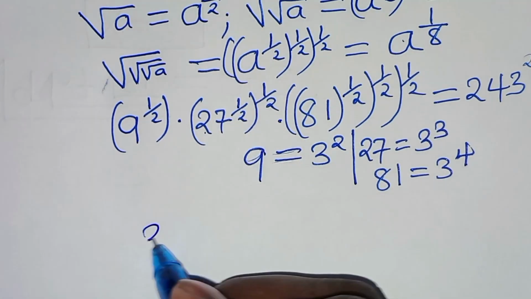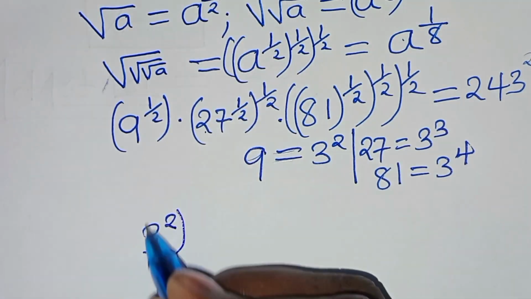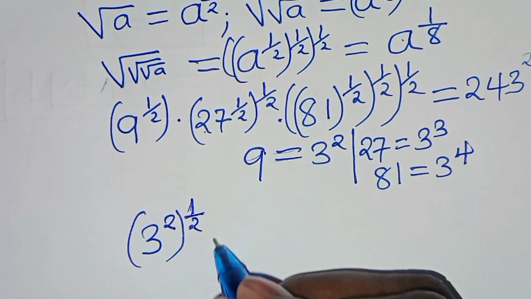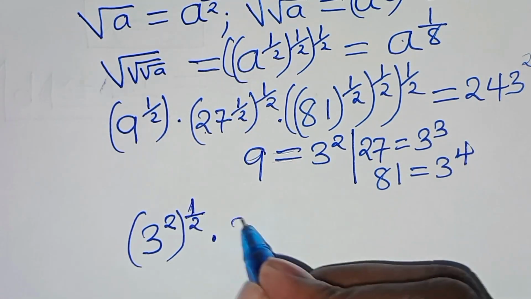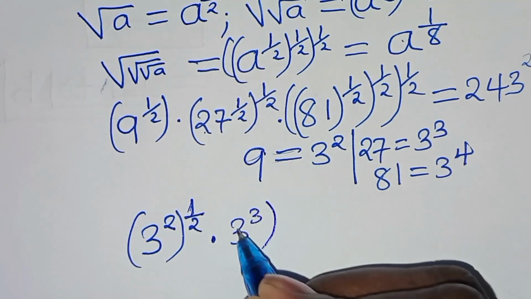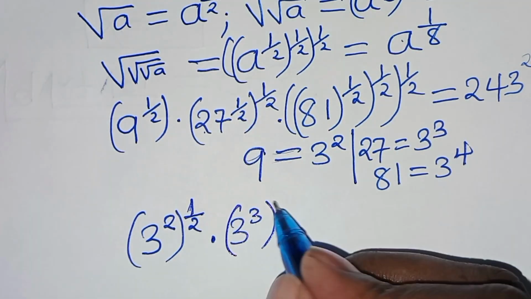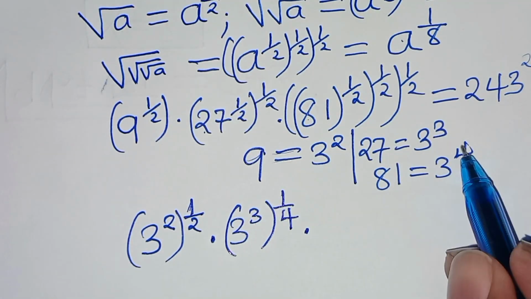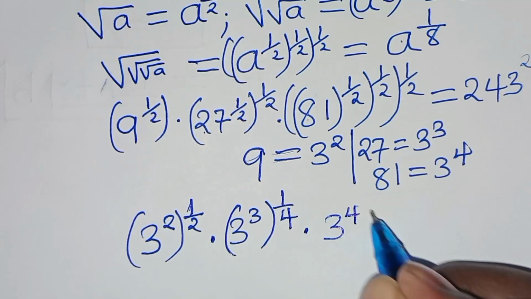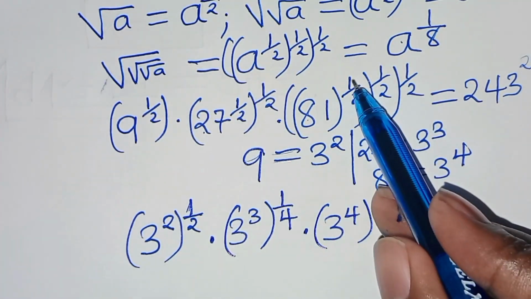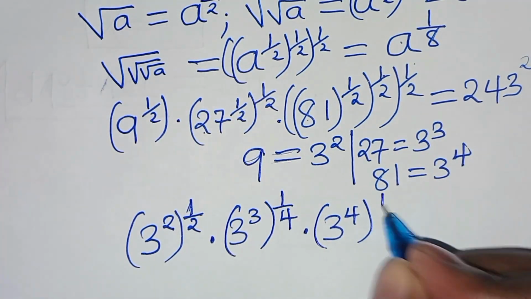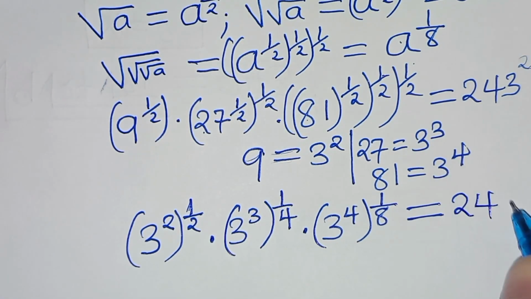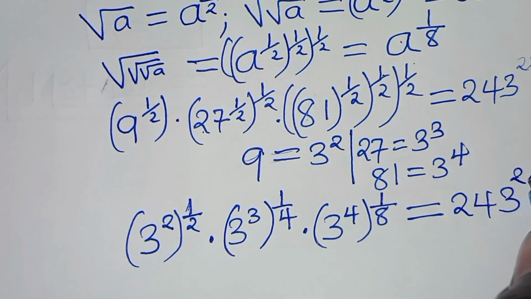So here we have 3 to power 2 raised to power half, then times 27, which is 3 to power 3, then raised to power half times a half, this is 1 over 4, then times 81 is 3 to power 4. So we have 3 to power 4 raised to power a half times a half times a half, this is 1 over 8. So this is equal to 243 raised to power 2x.